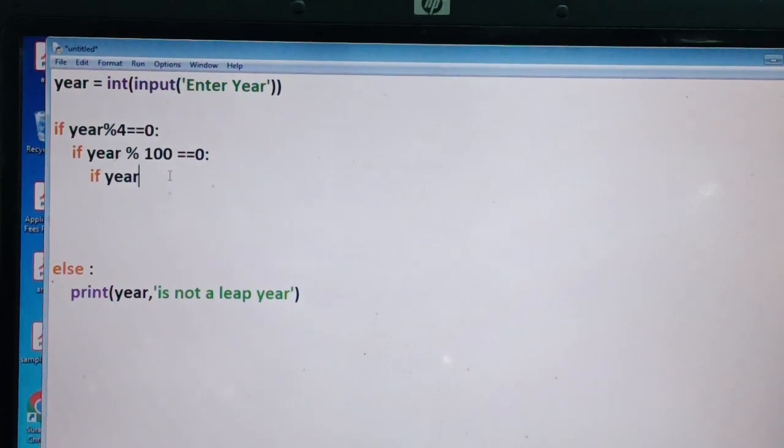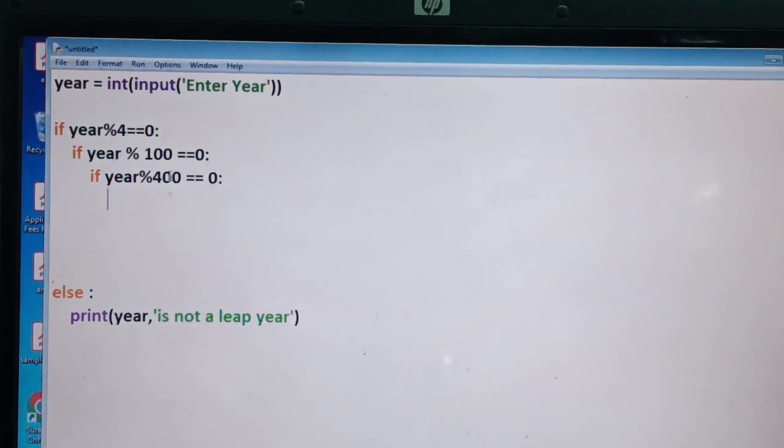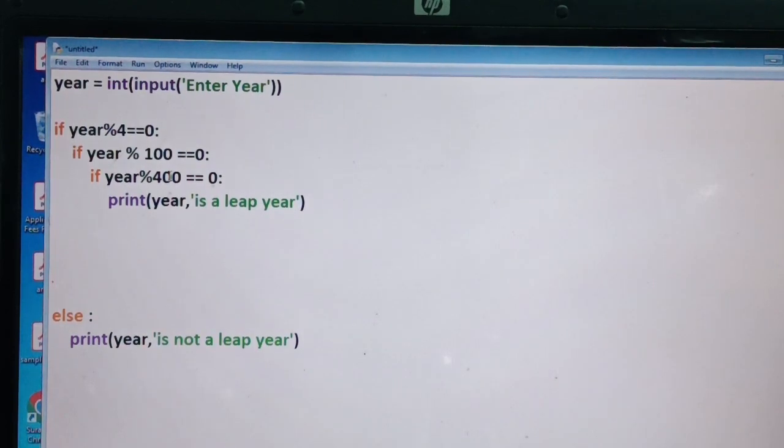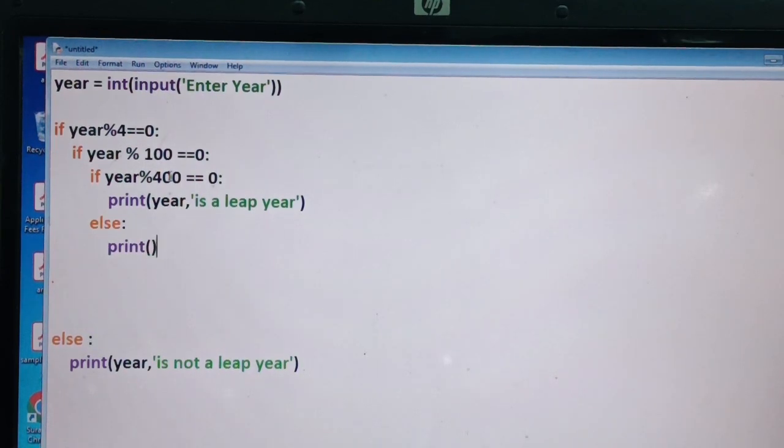Now we need to check whether that century year is a leap year, so we check whether it is divisible by 400 or not. If it is divisible by 400, then definitely that year is a leap year. Clear? And if it is not divisible by 400, then that year is not a leap year.